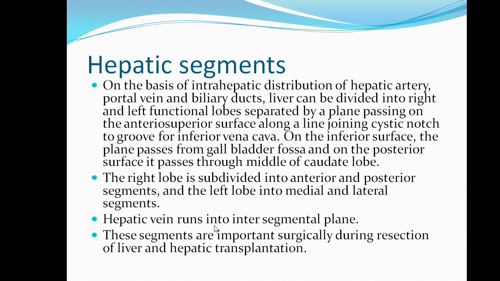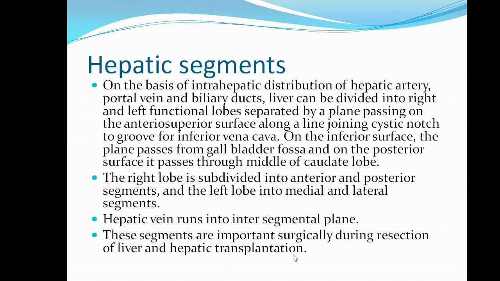So there are three structures present here: the hepatic artery, the branch of the portal vein, and the biliary duct. As far as the hepatic vein is concerned, the hepatic vein runs in the intersegmental plane. These segments are important surgically during resection of the liver and in hepatic transplantation.